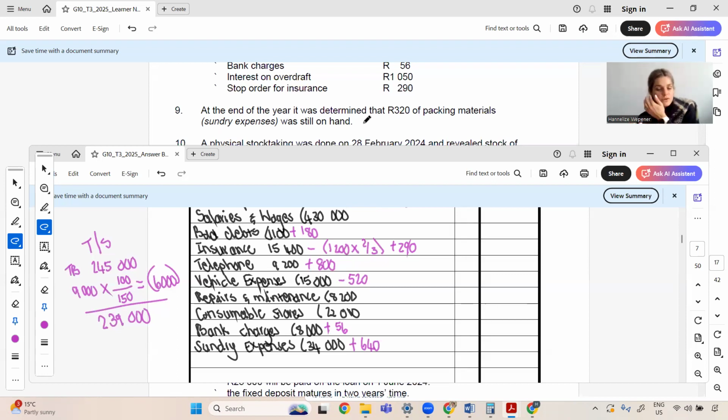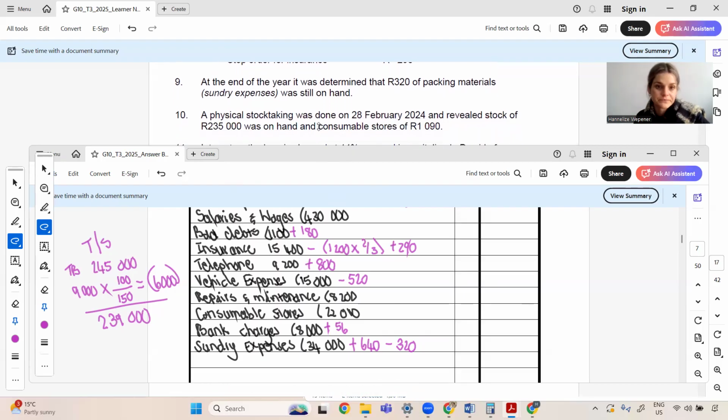You must remove it from the expense account and take it to your consumable stores on hand in your SFP under your inventories. So remove the 320 from sundry expenses because it was not an expense in my current financial year. And then the consumable stores on hand will be shown in your SFP.